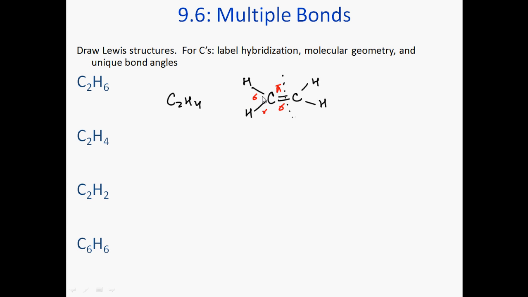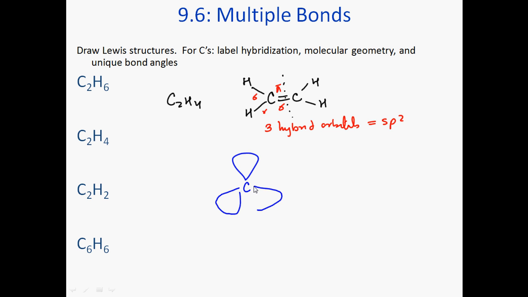So if there are 3 sigma bonds, how many hybrid orbitals are present around the carbon? 3 hybrid orbitals. And which hybridization produces 3 hybrid orbitals? SP2. So you know your central carbon atom has SP2 hybridization. And how do SP2 hybrid orbitals look?